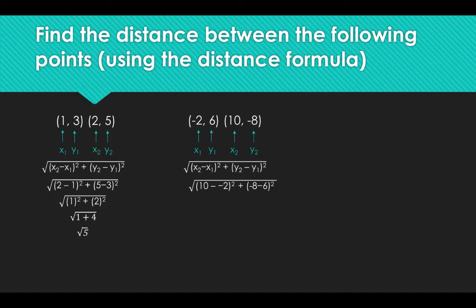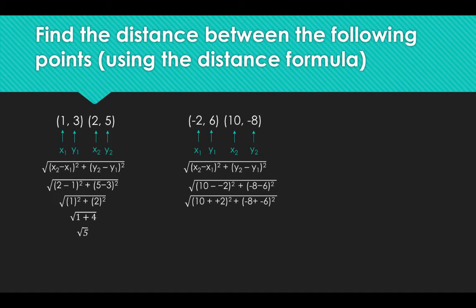Make sure you pay attention to your signs because we're doing subtraction within the parentheses and then we're adding the separate parentheses. So I have 10 minus a -2 squared plus -8 minus 6 squared. So I'm going to go ahead and rewrite this by adding the inverse.